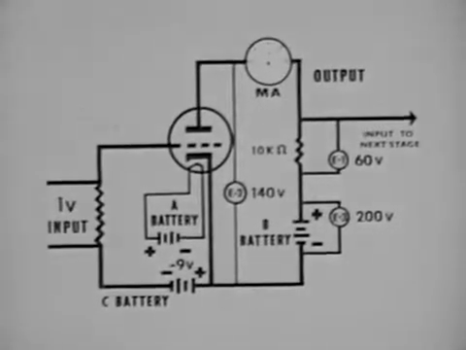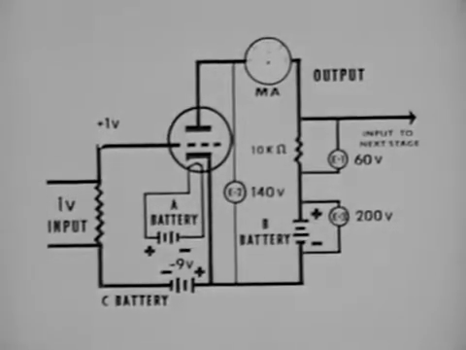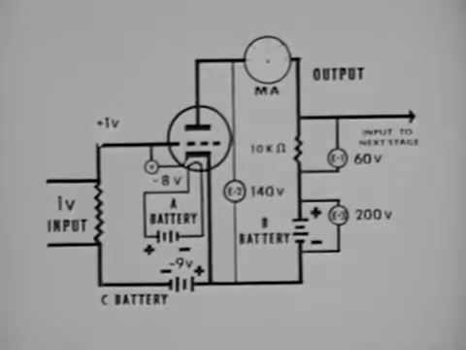When the positive portion of the signal reaches a peak of 1 volt, there is a difference of potential between grid and cathode of minus 8 volts. This is found by subtracting plus 1 volt from minus 9 volts.